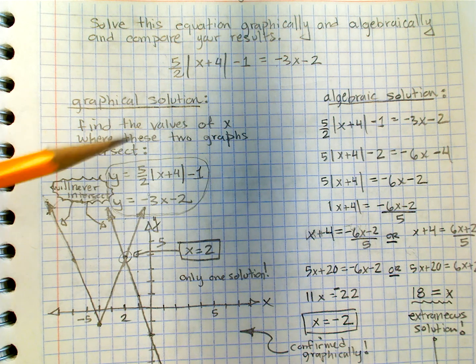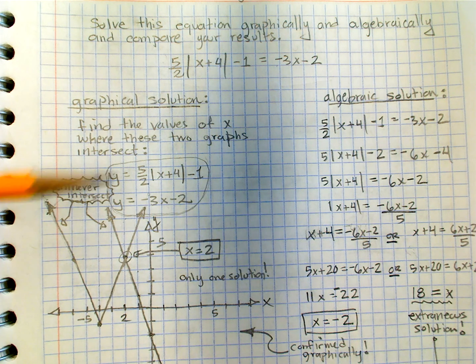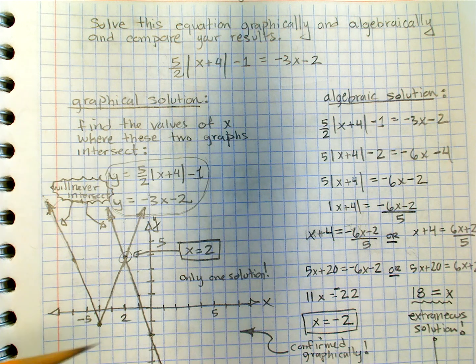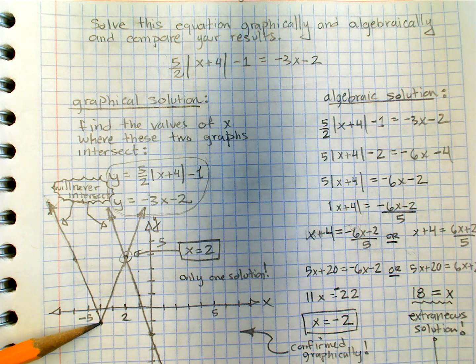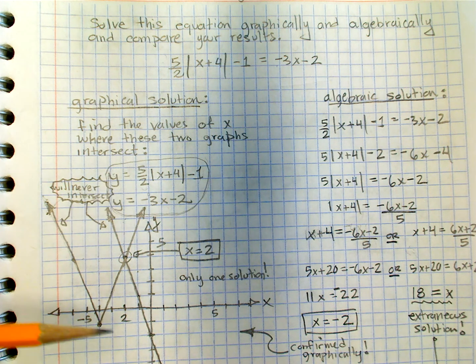And so starting with the absolute value equation, there's a few things that you should know by now after being in this class for a couple weeks: the vertex of this is going to be at x equal to -4 and y equal to -1. That's this point right here. And then I'm going to use this multiplier, 5/2. We treat it kind of like a slope in this case.